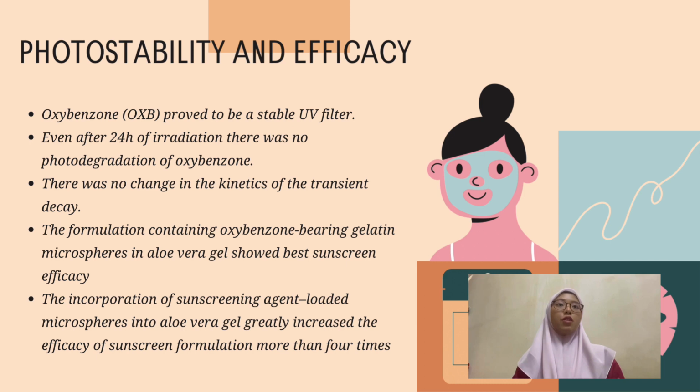On top of that, the formulation containing oxybenzone-bearing gelatin microspheres in aloe vera gel showed the best sunscreen efficiency. The formulations were evaluated for skin irritation tests in human volunteers, and sun protection factor and minimum erythema dose in albino rats. These studies revealed that incorporating sunscreening agent-loaded microspheres into aloe vera gel increased the efficiency of the sunscreen formulation more than 4 times.